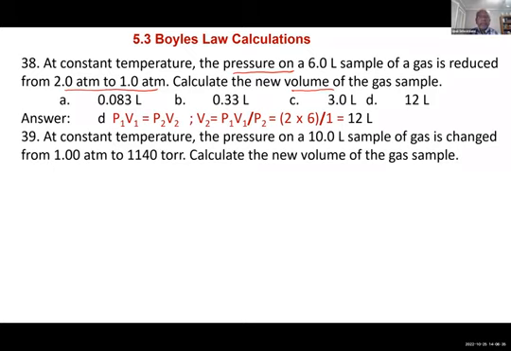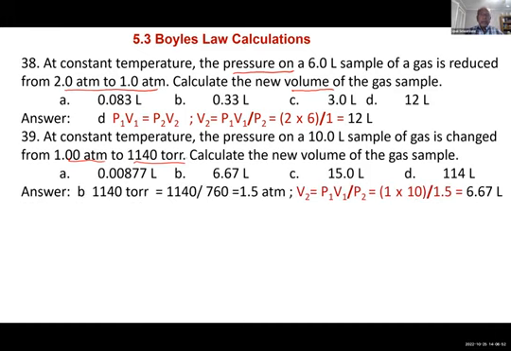Now this problem, at constant pressure of the gas is changed from 1 atmospheric pressure to torr. Calculate it. That's Boyle's law. This question is to show that you cannot plug in an equation with P1, P2 in different units. So it has to be converted to ATM.